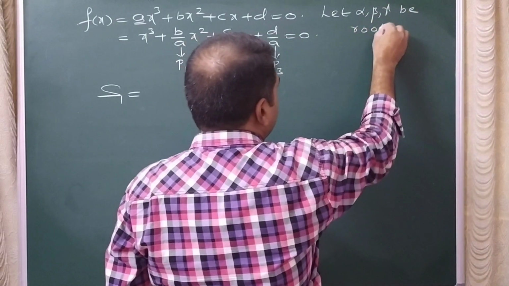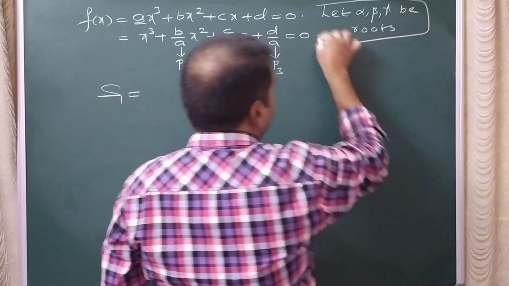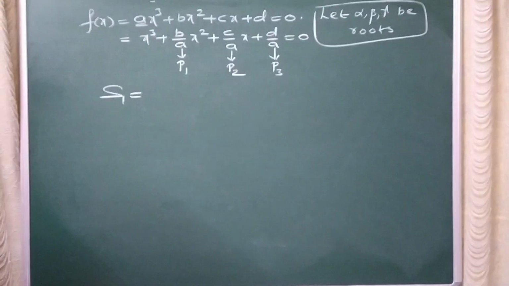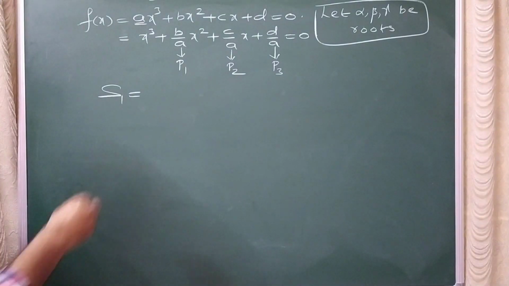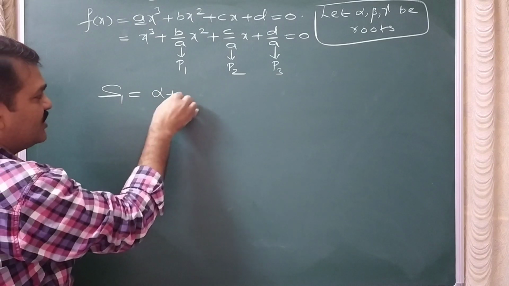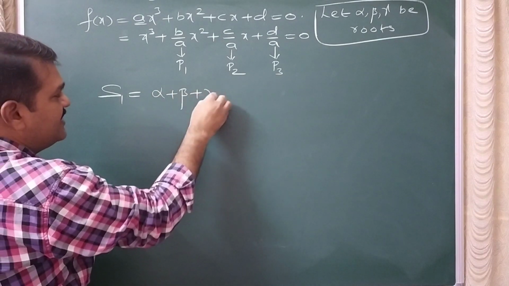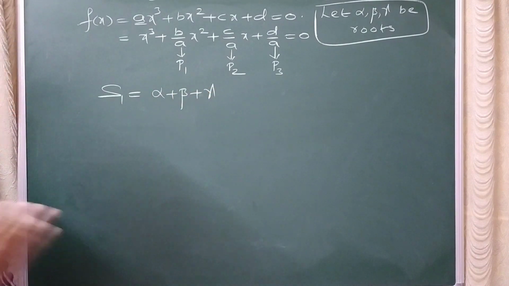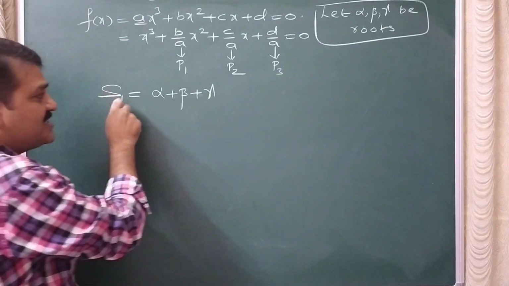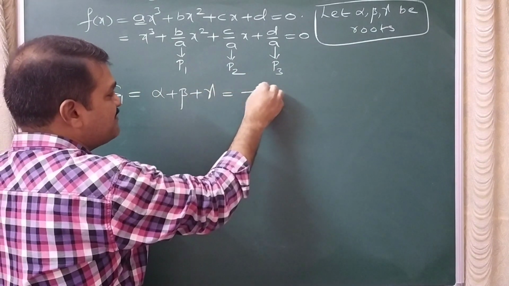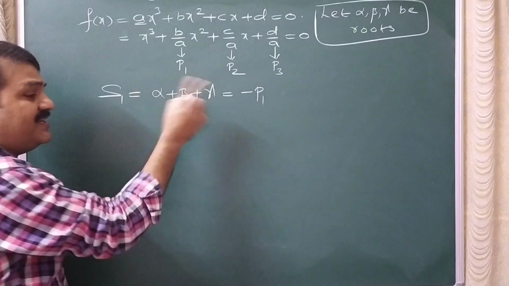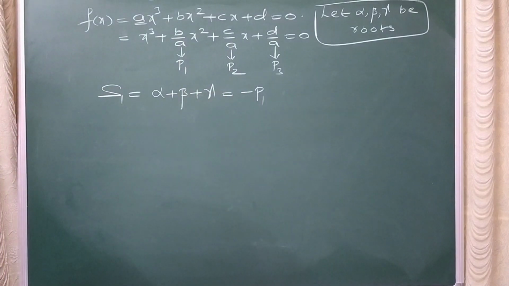For example, alpha, beta, gamma I am taking as roots. So S1 represents the sum of the roots, no? So S1 means alpha plus beta plus gamma. And S1 is equal to minus P1 is the relation between roots and coefficients.